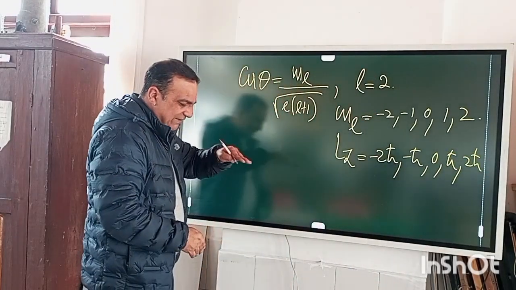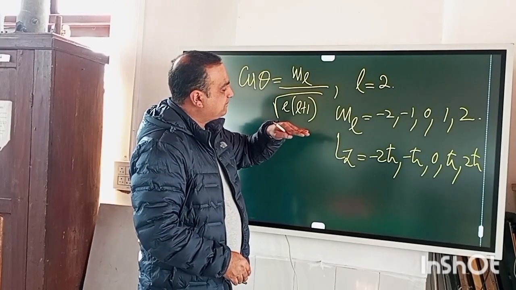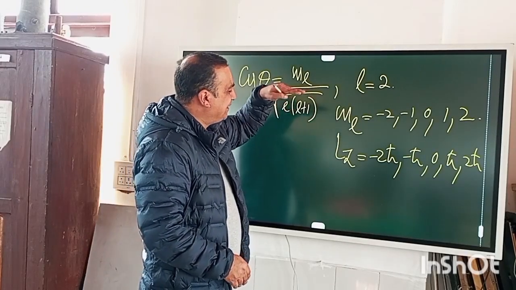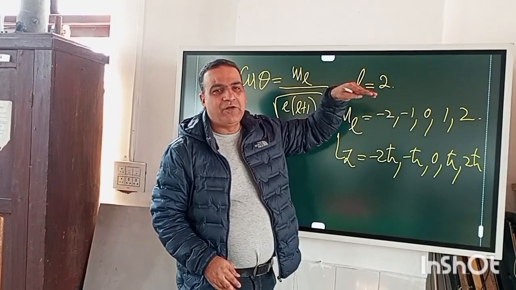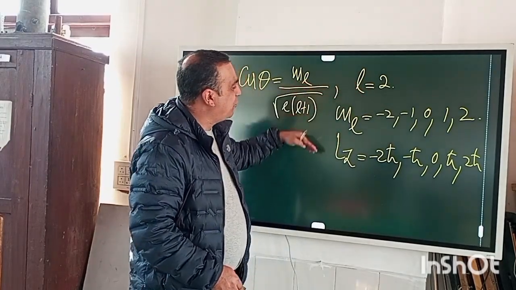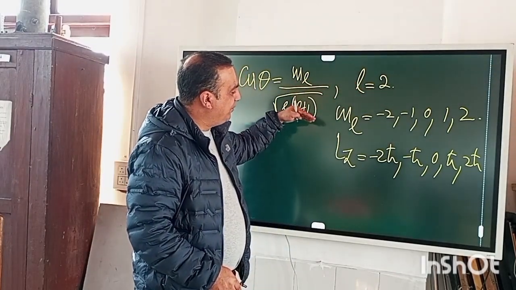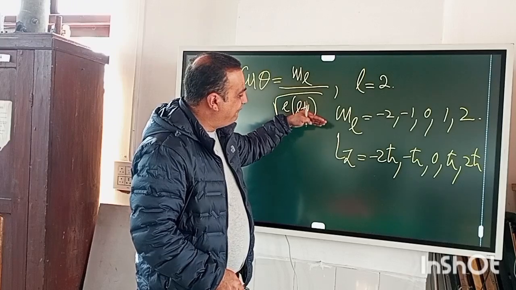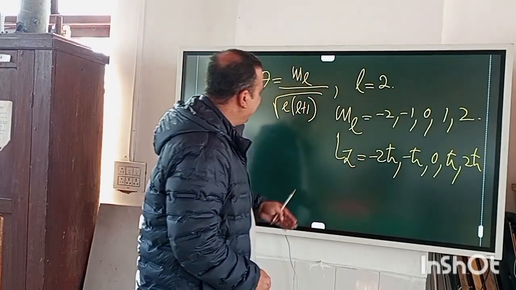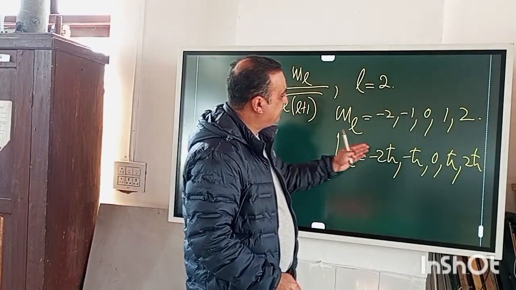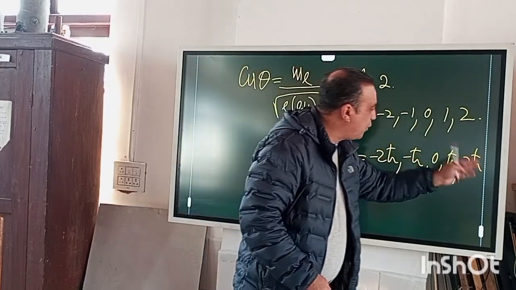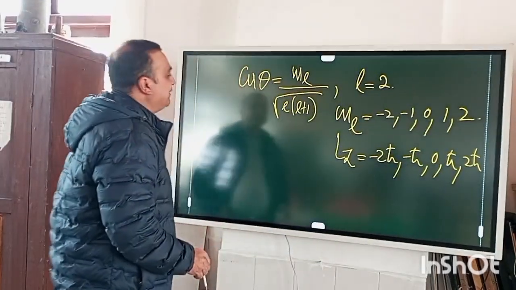So there will be 5 quantized orientations of the angular momentum. The values of angular momentum can be seen here. For this purpose, we will have 5 values of angular momentum in the z direction.